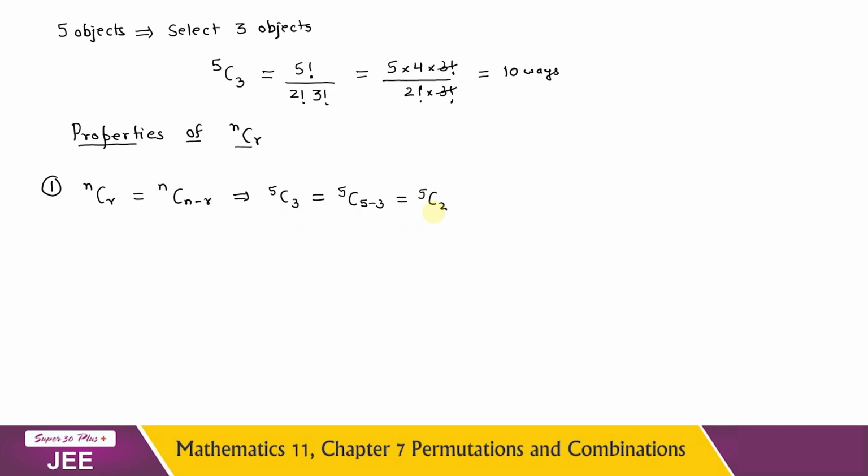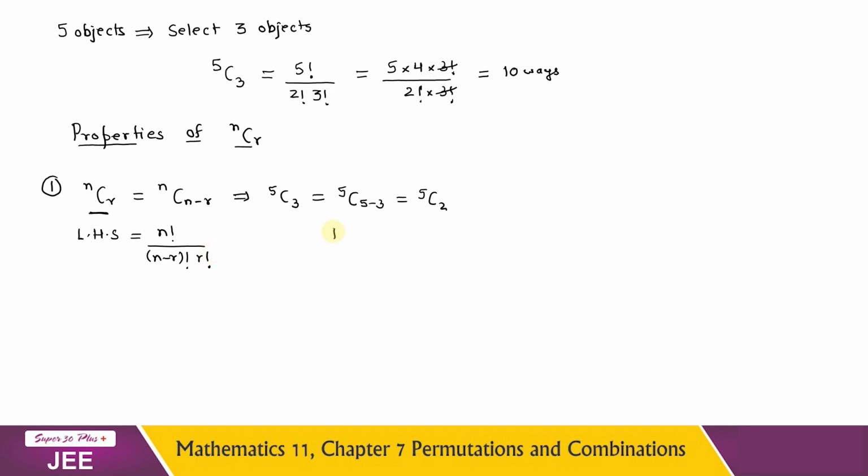Now let us prove how both of these quantities are equal. So in LHS we have nCr, and nCr, as we all know, is equal to n factorial over (n minus r) factorial into r factorial. This is our LHS.